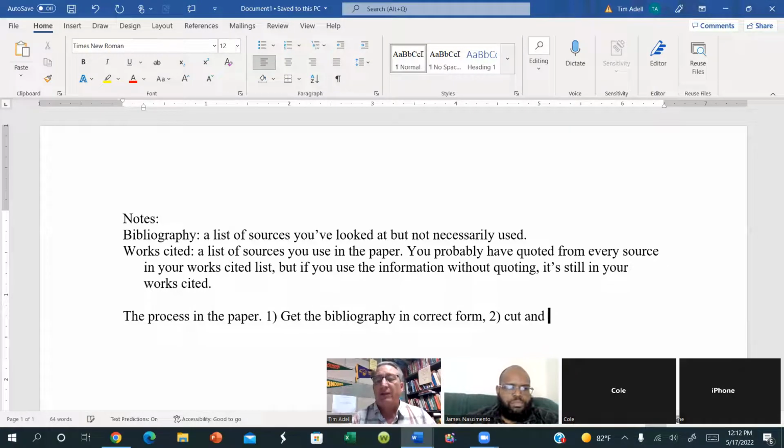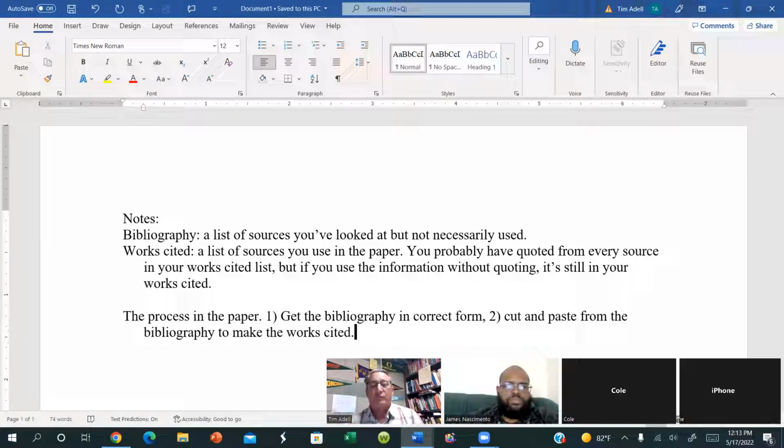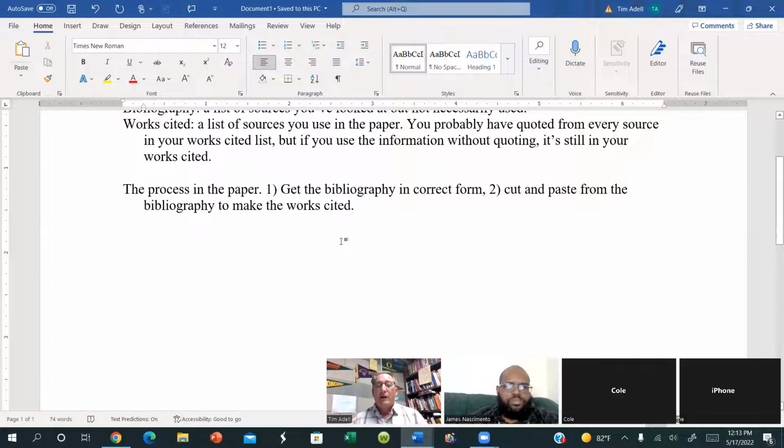So what that means is your purpose right now at this stage in the research paper, you're in the getting information from the sources phase.